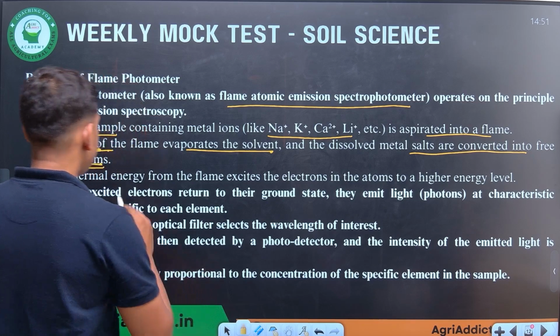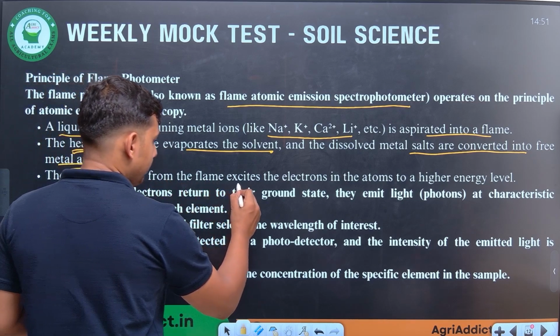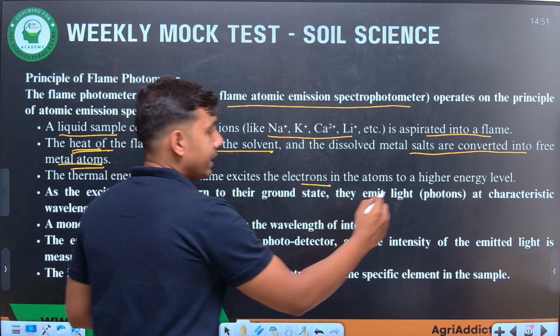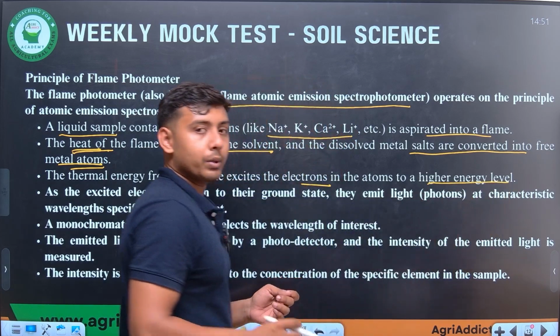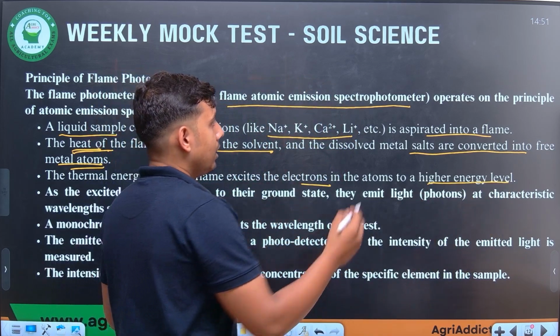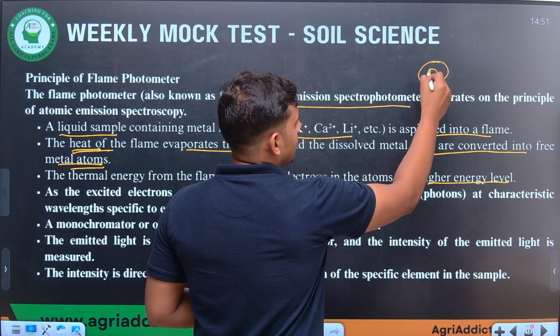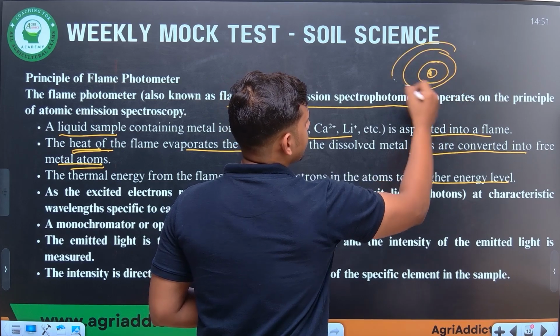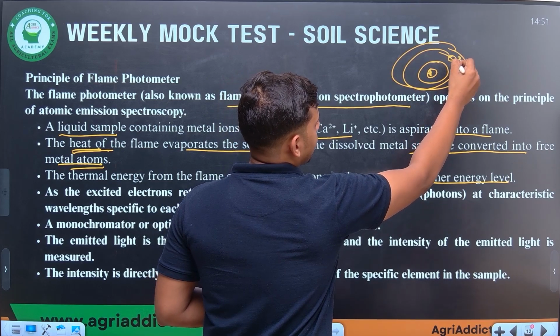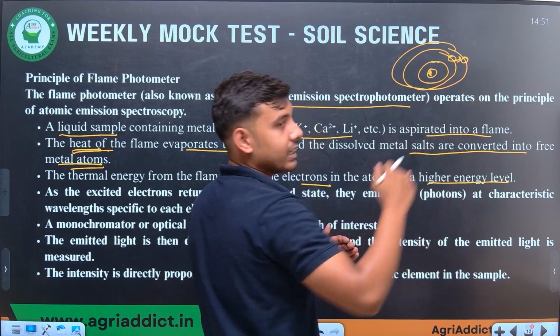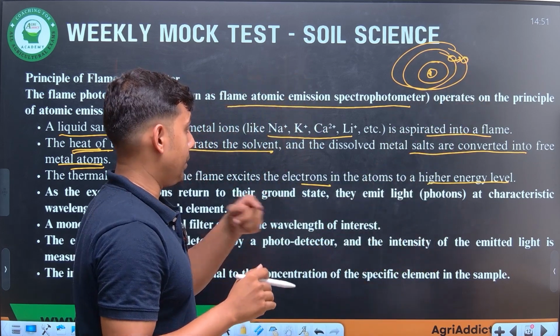The thermal energy from the flame excites the electrons in the atoms to a higher energy. We know that when we provide some energy, the electrons present in the lower level get excited and go to the higher level, or outer orbitals.